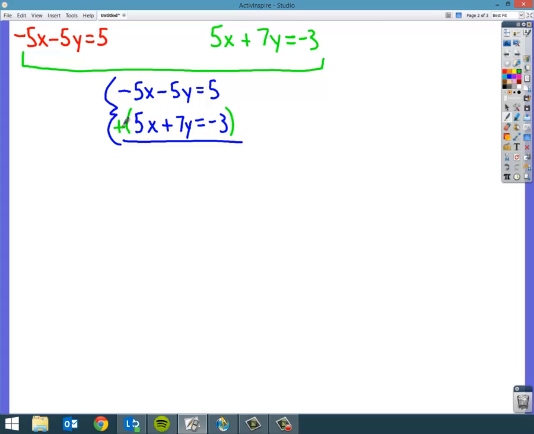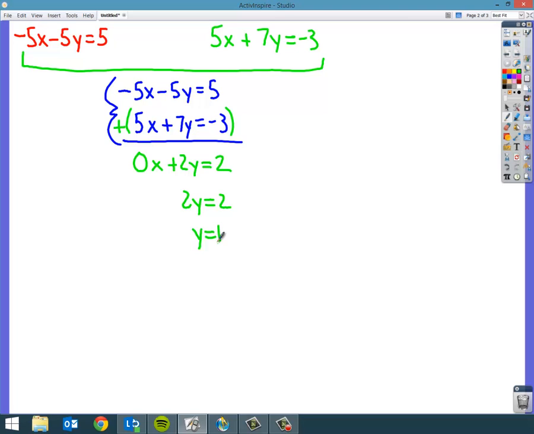Okay? So negative 5x plus 5x gives me 0x. I have negative 5y plus 7y, so plus 2y, equals 2. Alright, then we clean this up, we get 2y equals 2, and very clearly we have y equals 1.